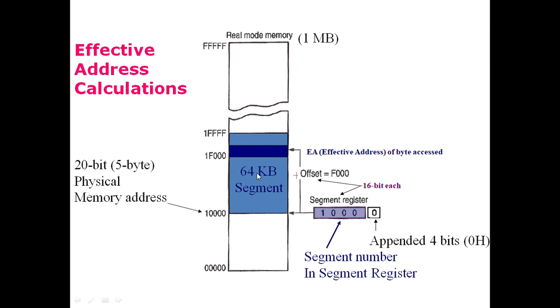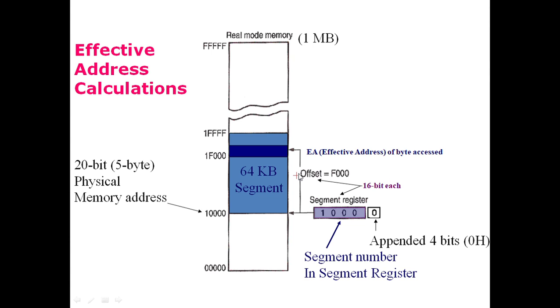And similarly, if this segment is a stack segment, then this segment register would be the stack segment register, SS, and this offset address would be provided by the stack pointer register, SP, which is a 16-bit register.